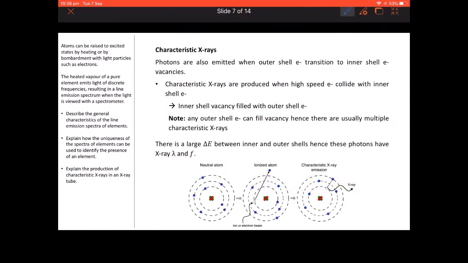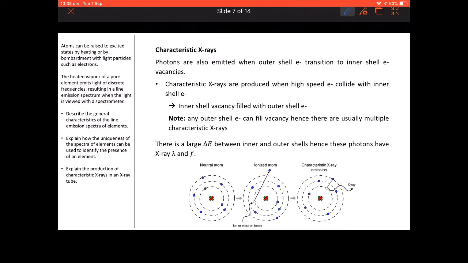So now we'll quickly revisit characteristic X-rays, which we touched on in a previous video. Photons are also emitted when outer shell electrons transition to inner shell electron vacancies. So electrons don't necessarily have to jump up to a higher energy level to then jump back down.